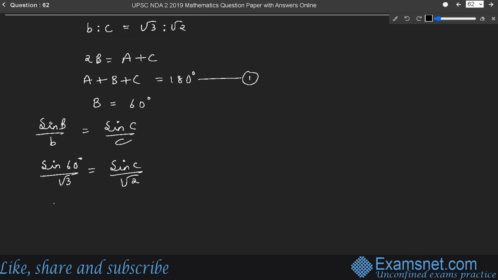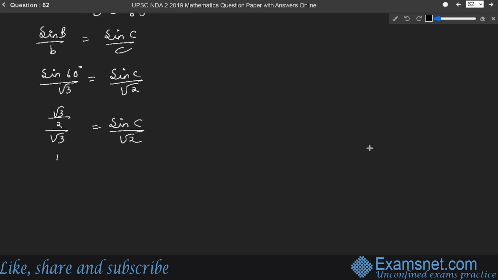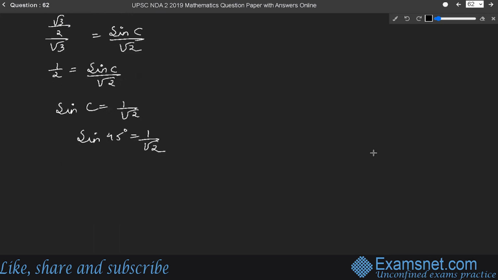Therefore, root 3 by 2 divided by root 3 is equal to sin C divided by root 2. So, 1 by 2 will be equal to sin C divided by root 2. Sin C will be equal to 1 upon root 2. And we know that sin 45 degrees equals 1 upon root 2. It implies that C is equal to 45 degrees.